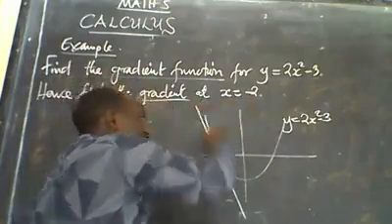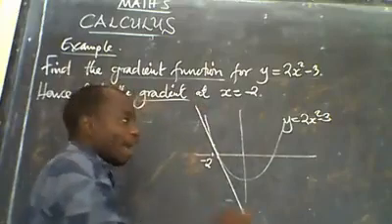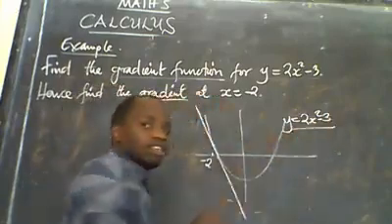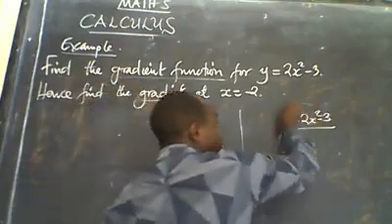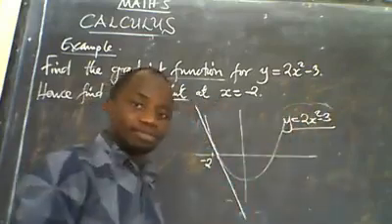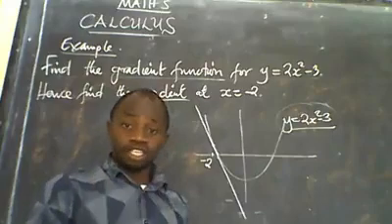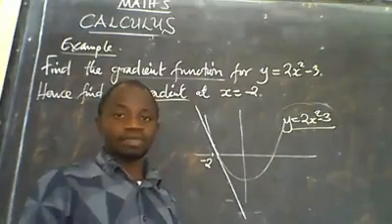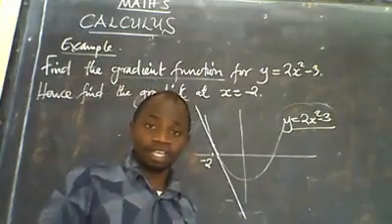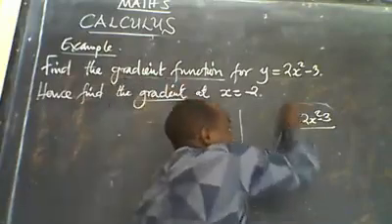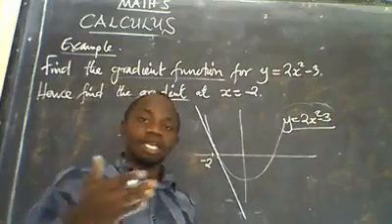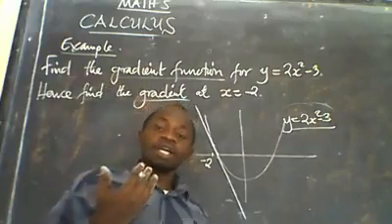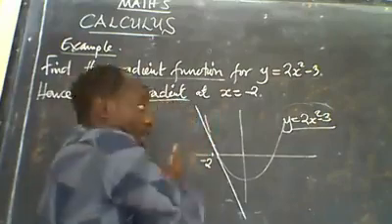To get the exact gradient, we have to differentiate. This is what we call differentiate. We have to differentiate the given equation or given polynomial, whatever you are given. The first thing is to differentiate. Calculus for syllabus D is divided into two. We have differential calculus, which is what I'm doing here.